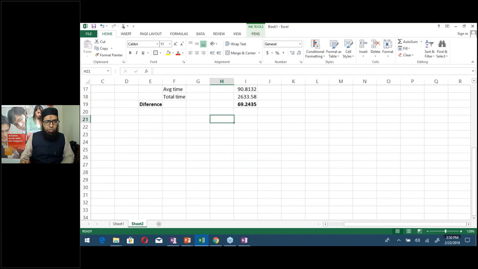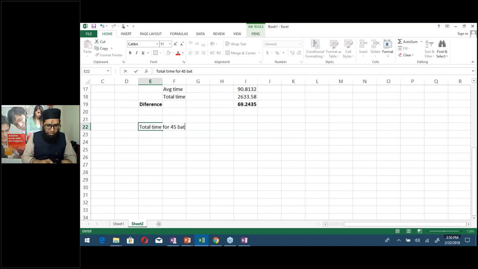To calculate the total time for 45 batches, we have to divide the units between the two: first, the units within the learning curve, and the units beyond the learning curve.